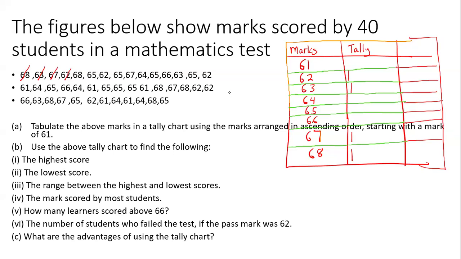Okay, Chris? 61 is appearing 5 times. Okay, here I'll have 5. 62 is appearing 6 times.